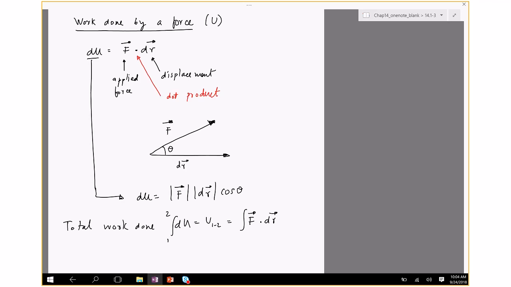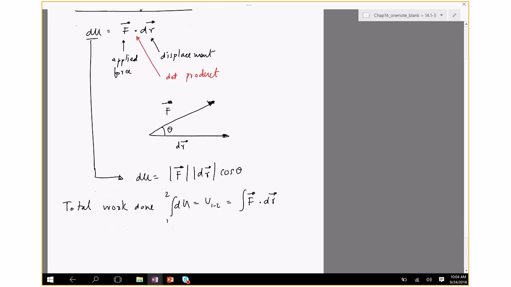F is a vector, dr is a vector, but U is a scalar, it's a number. That's very important.